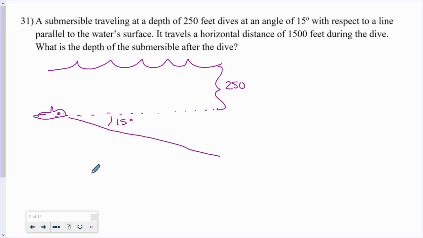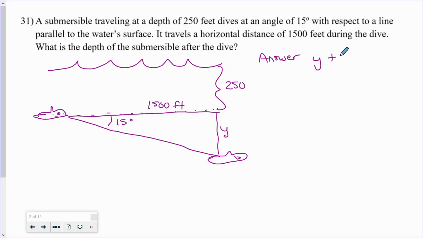It travels a horizontal distance of 1,500 feet, not the distance it traveled, but the horizontal distance. We want to know what is the depth of this thing after the dive. So I'm going to solve for this side y, and then my answer will be y plus 250 feet.